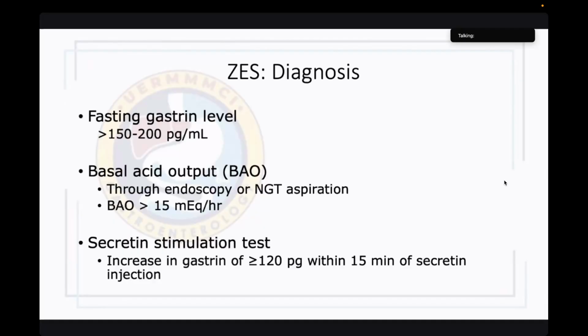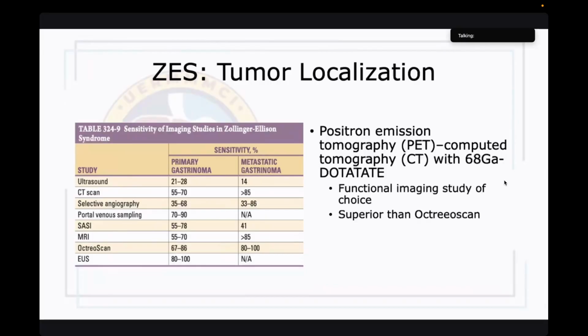So an increase in gastrin of more than 120 pg within 15 minutes of secretin injection has a sensitivity and specificity of more than 90% for Zollinger-Ellison syndrome.